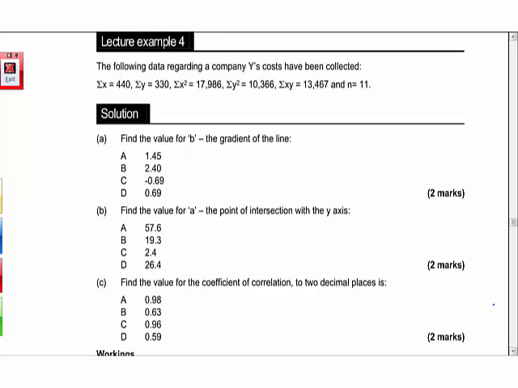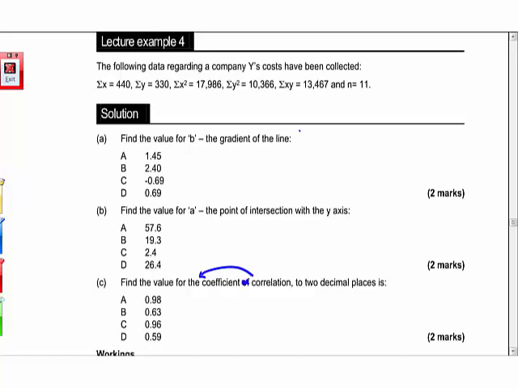So what we're going to do now is to work out first of all the value for B, the gradient, then the value for A, the intersect of the y-axis or the fixed costs, and finally the coefficient of correlation. And you might want to amend this because actually it should say the correlation coefficient.